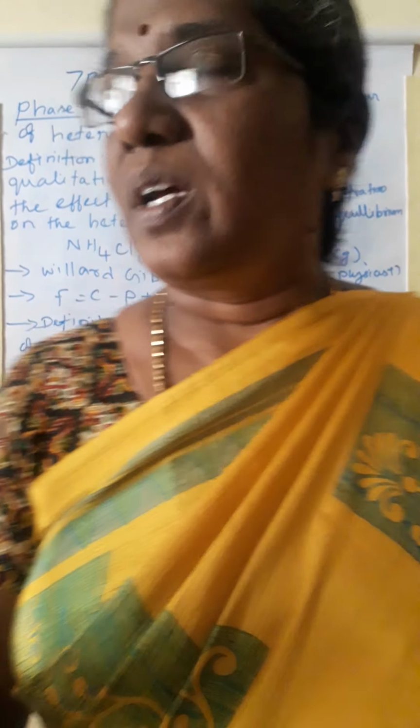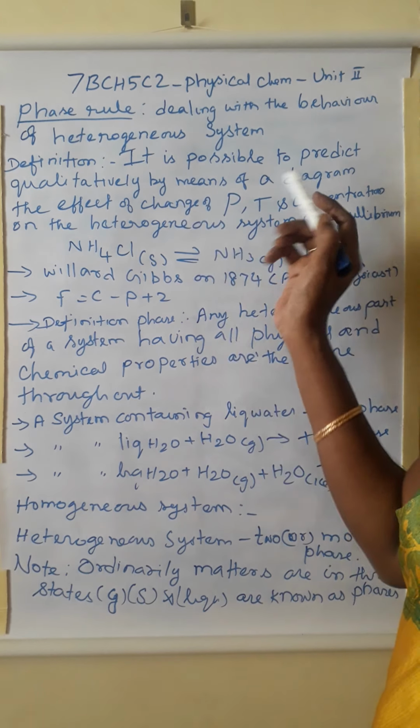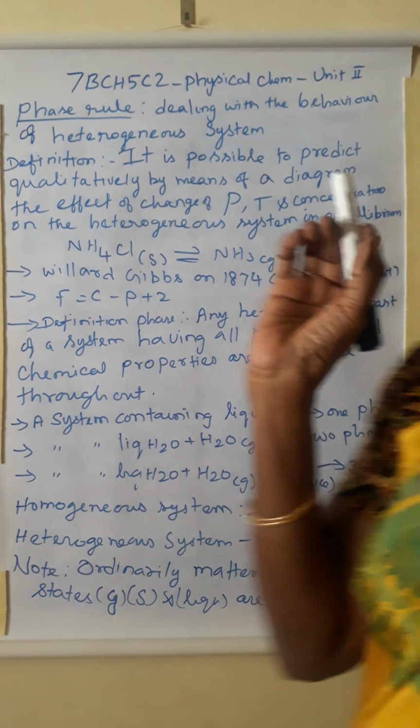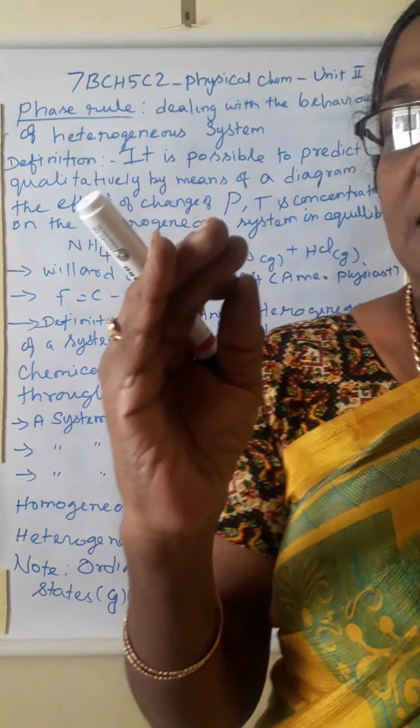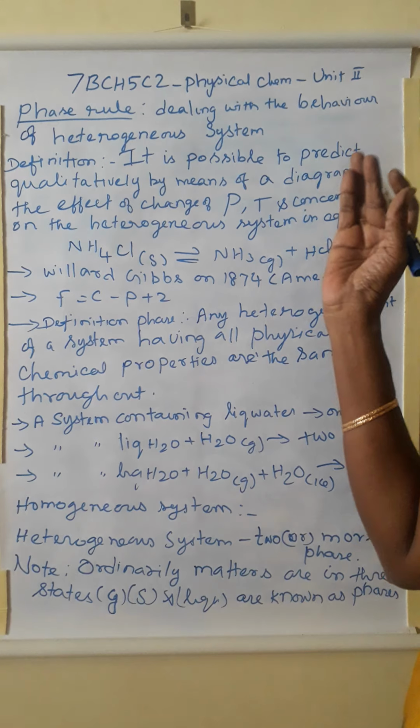So qualitatively, by using diagrams, that is the phase rule for a heterogeneous system at equilibrium. We have to predict qualitatively, by means of a diagram, the effect of change of pressure, temperature and concentration.